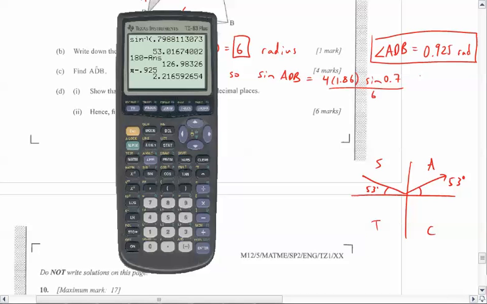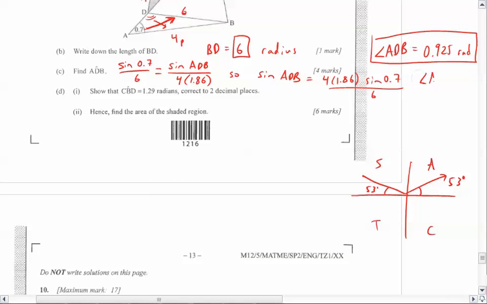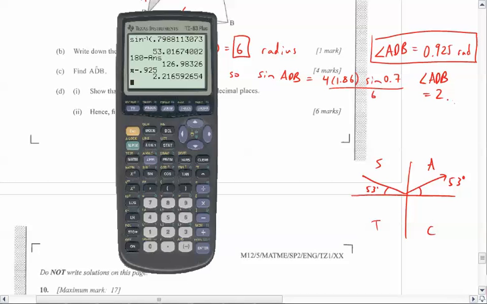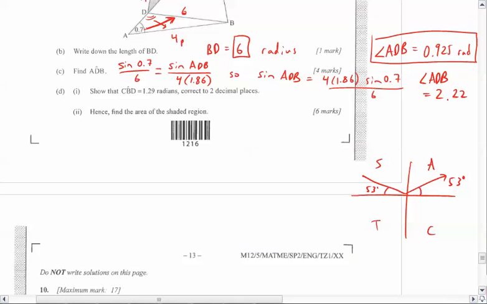So maybe I think that my angle is actually 2.22, not 0.925 after all.